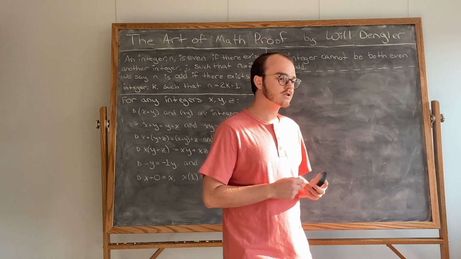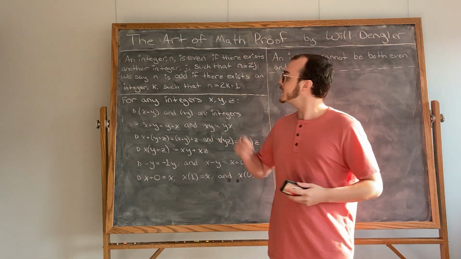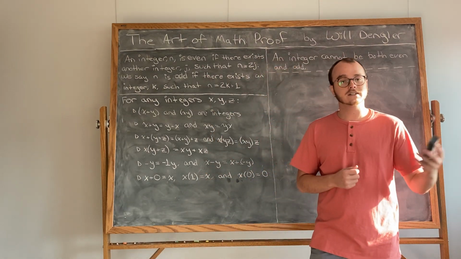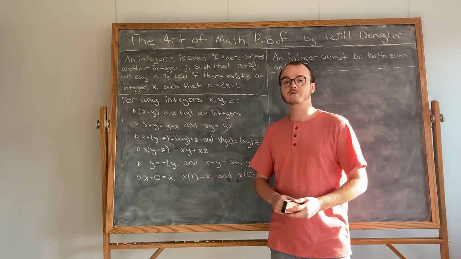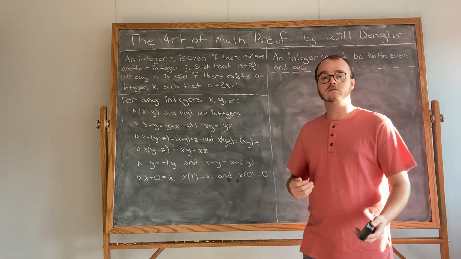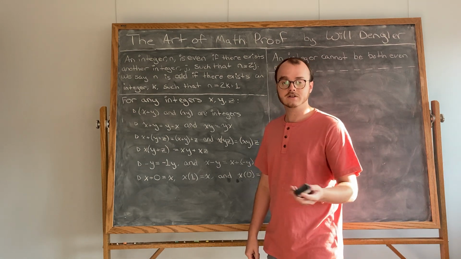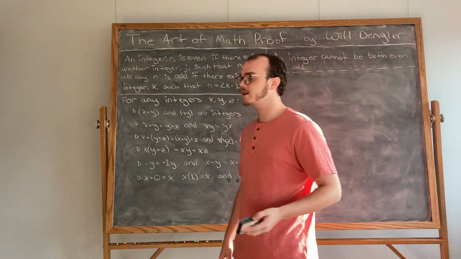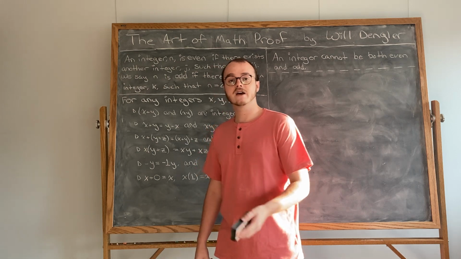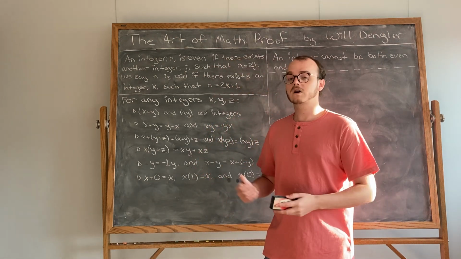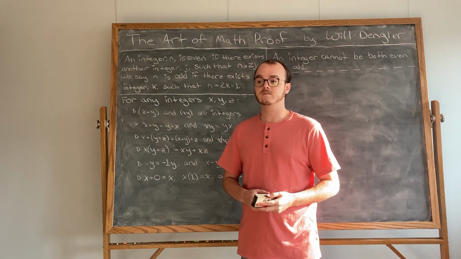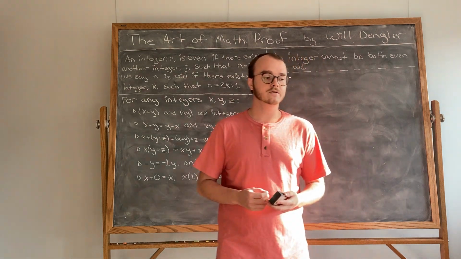And then using those assumptions, we were able to take our definitions of even and oddness along with our rules of algebra and show directly that the sums of these integers was in fact always going to match the definition of even or oddness. And therefore we completed our proofs.